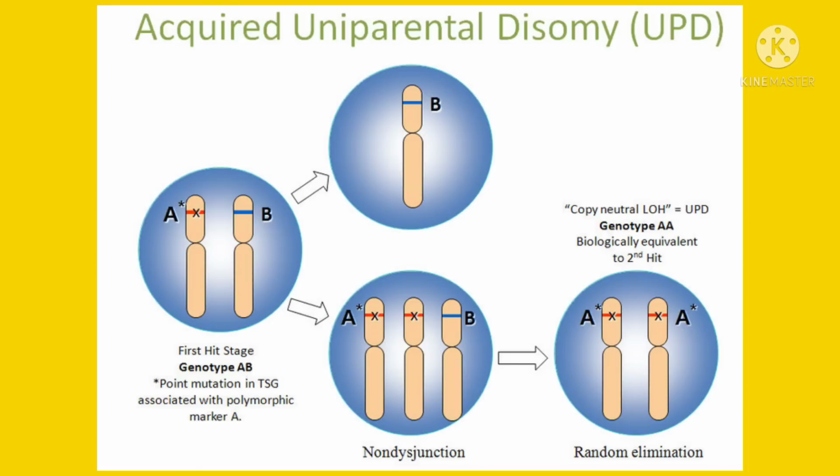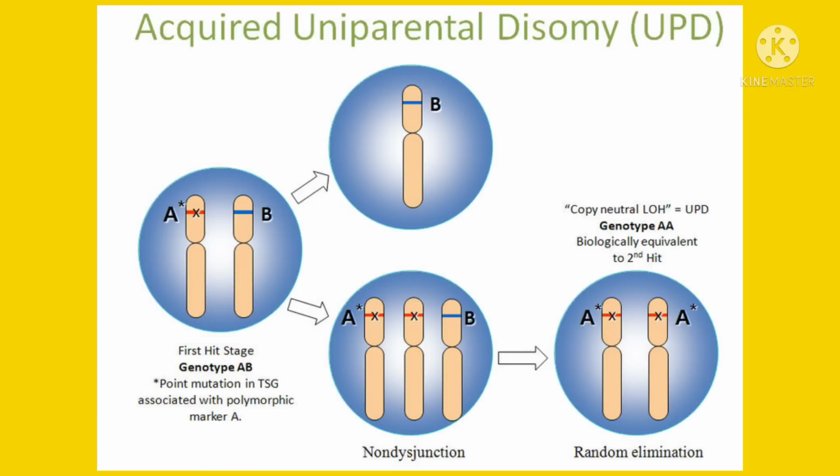It does not matter if a person inherits both copies from one parent instead of one copy from each parent. In some cases, however, it does make a difference whether a gene is inherited from a person's mother or father.